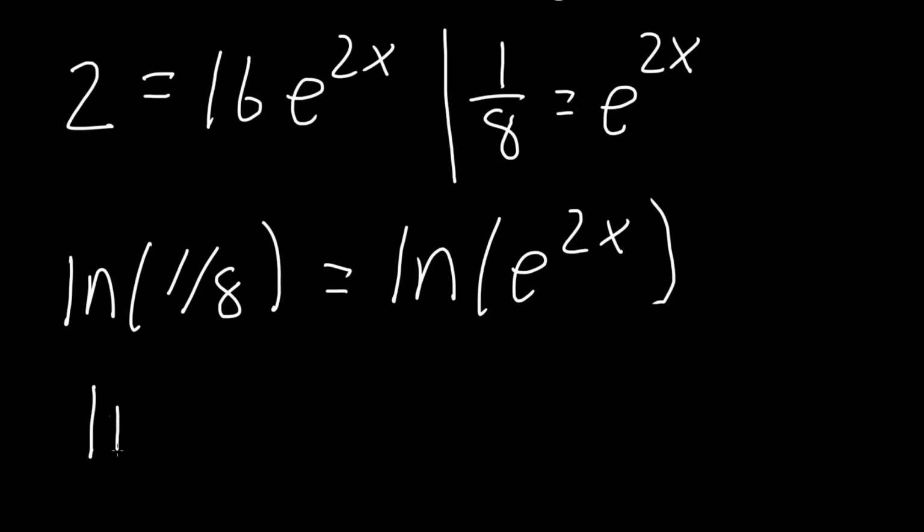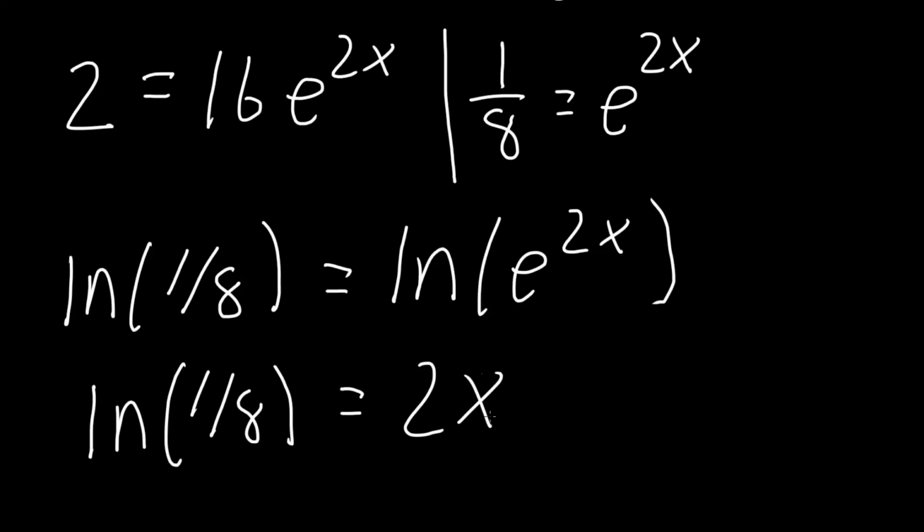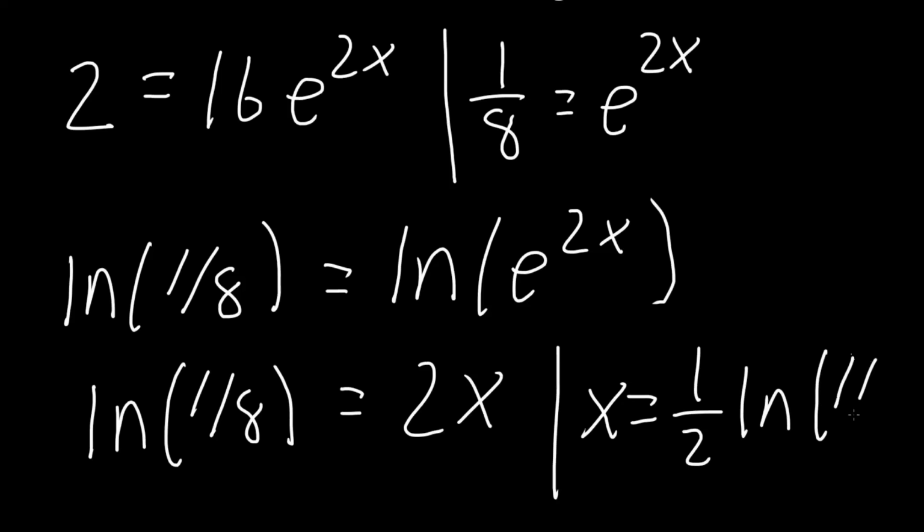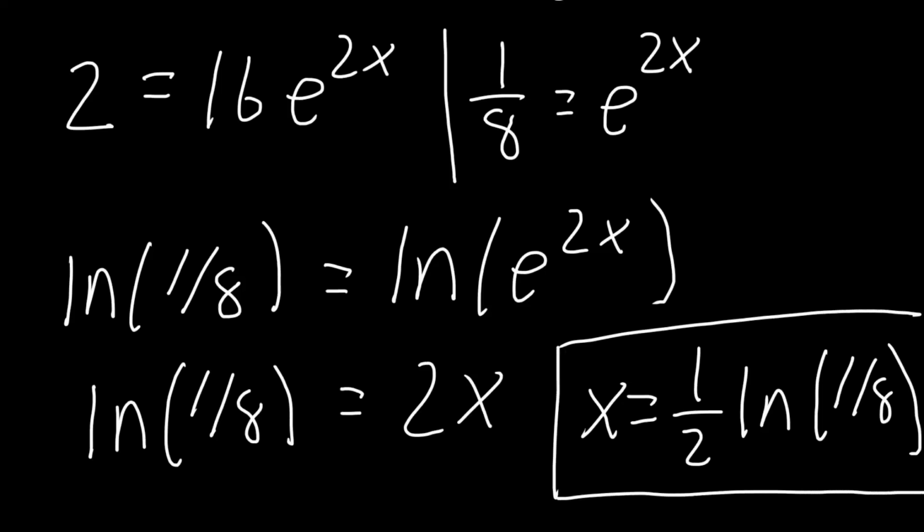So we have ln of 1/8 is equal to 2x. And so we could say that x is equal to 1/2 of the natural log of 1 divided by 8. And we simply need to box in this answer, and that's the final answer.